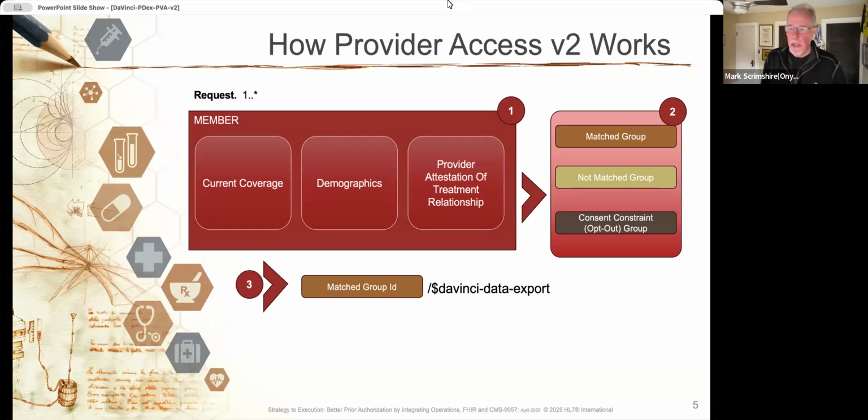And when the provider receives back the identifier for that group and makes a call through that matched group, they're basically saying, give me, by default, everything for this group of members that I'm interested in. Now, that is likely to be a far smaller group. It may be 10, 20 members rather than potentially thousands of members. So it's much more targeted.